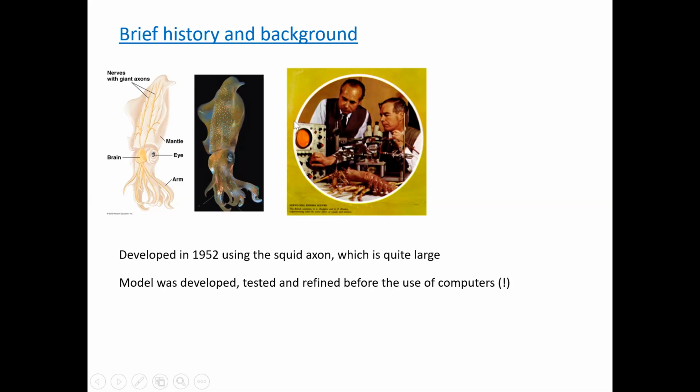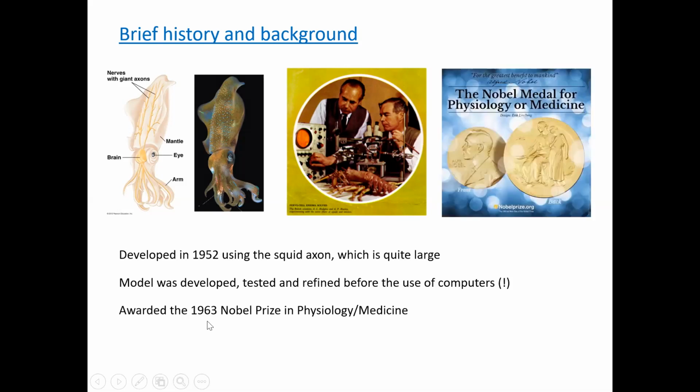So Hodgkin and Huxley were working with oscilloscopes and microscopes and electrodes and making guesses at what was going on. And they had to compute each time and see if it agreed with their readings. And all these computations were done by hand. So it was quite an amazing accomplishment, and was rewarded in 1963, 11 years later, with the Nobel Prize in Physiology and Medicine.